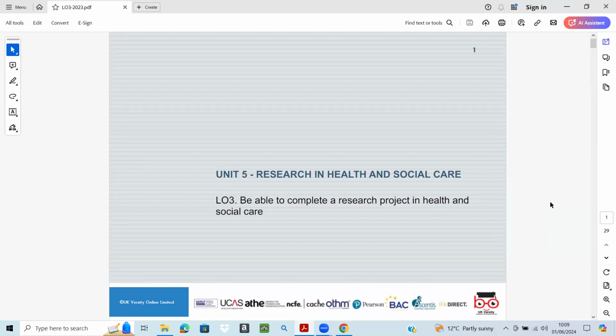This could involve statistical analysis for quantitative data, or thematic analysis for qualitative data, and we need to look for patterns and themes that help to answer our research question.